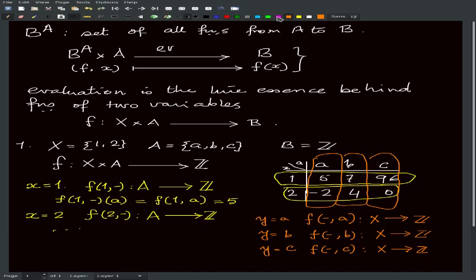And the greatest observation over here is f1 evaluated at A is the same as, say, A evaluated at 1. Okay, and both of them are the same as f1(A).